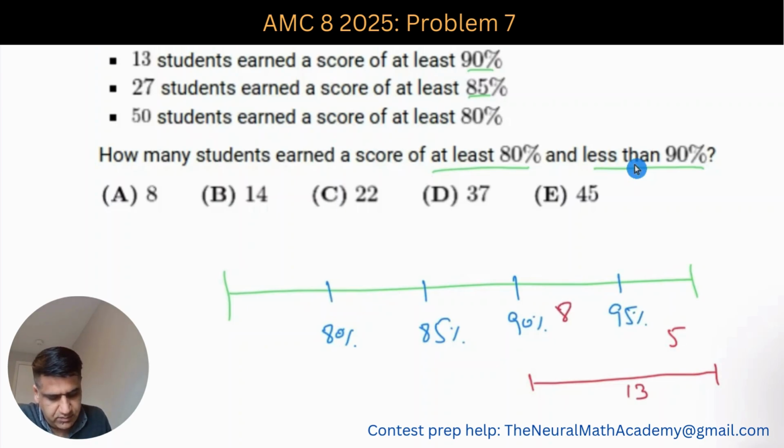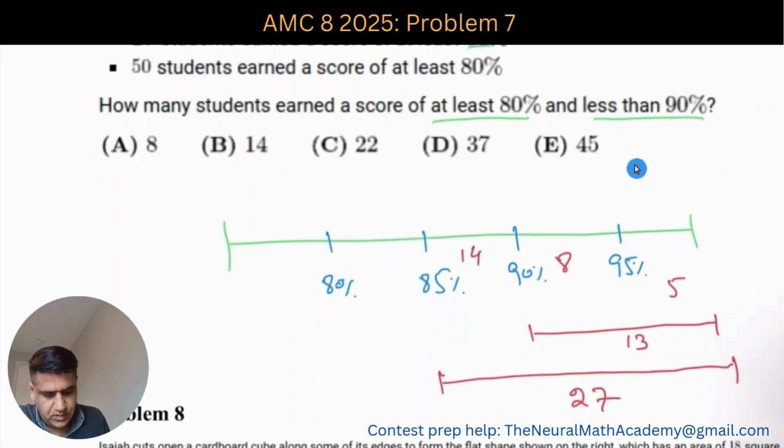And we have 85%, which is a total of 27. And if we subtract 13 from 27, we get 14.